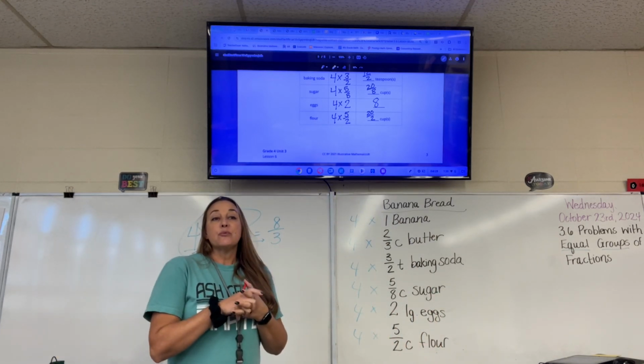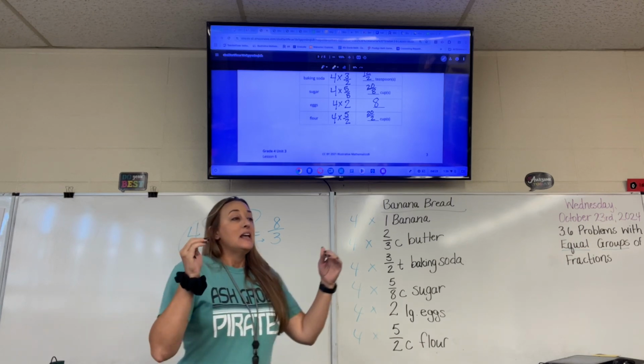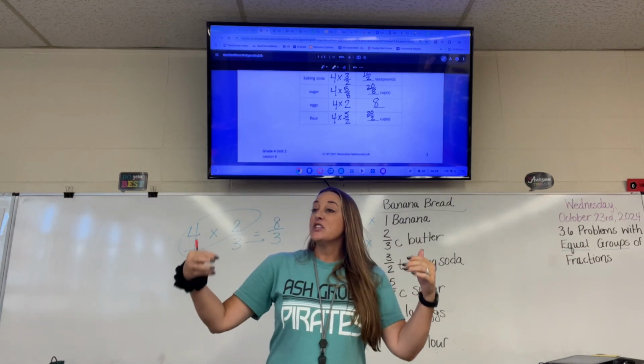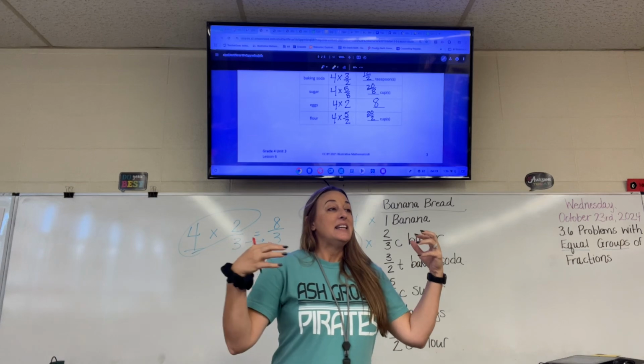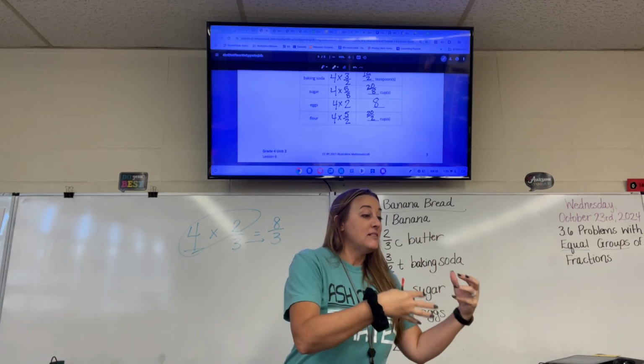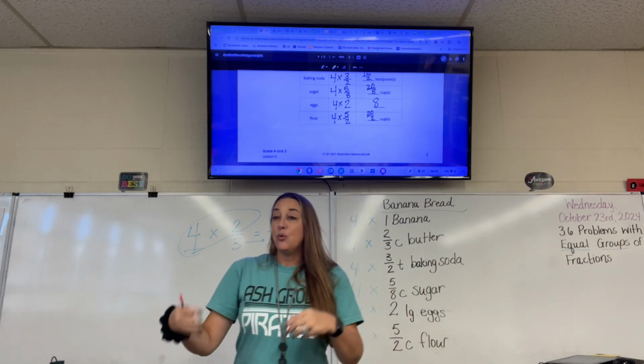What's important to remember is the numbers in the word problems need to match the numbers in the expression in order.